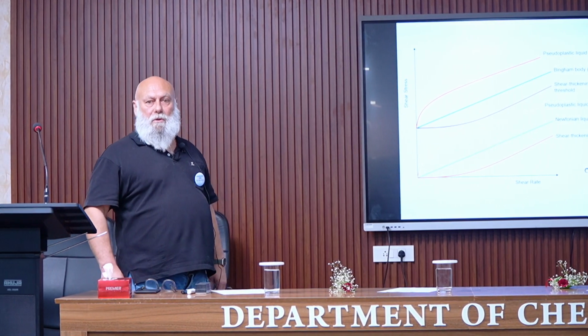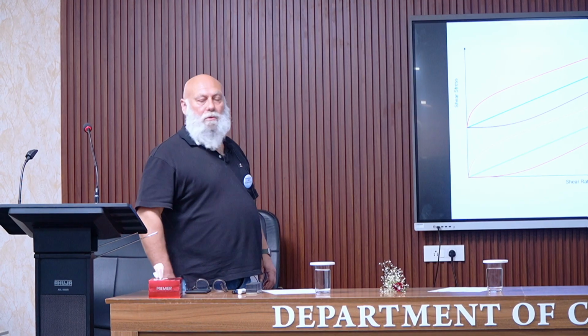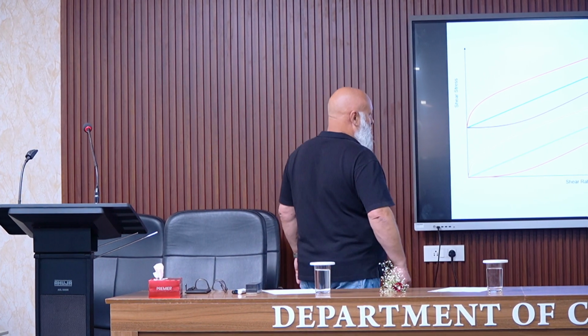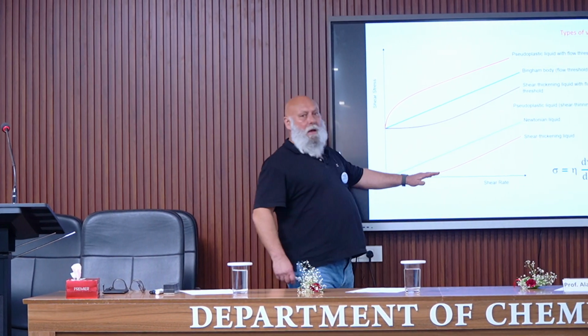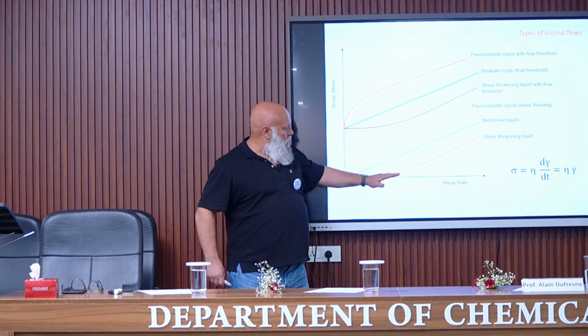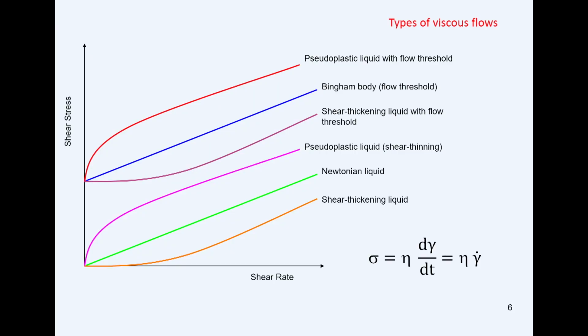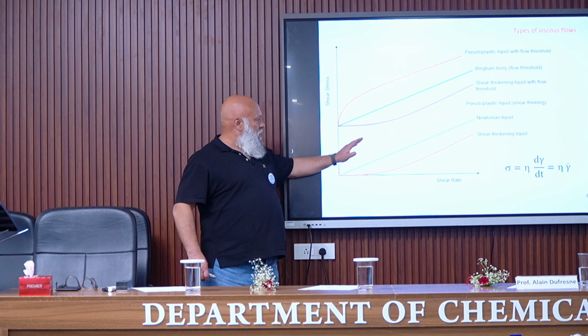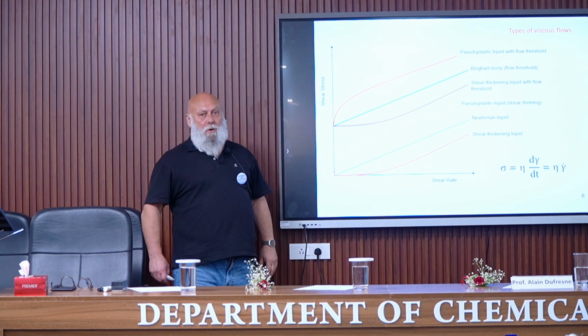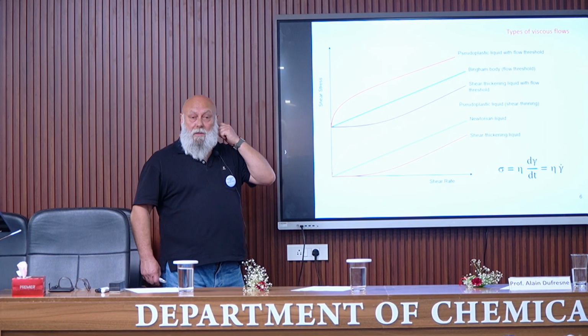Now we can have a shear thickening liquid. You can see that in this case, when increasing the shear rate, the slope of the curve increases, meaning that the viscosity increases. And at the opposite, we can have a shear thinning behavior, meaning that when increasing the shear rate, the slope decreases, then the viscosity of the polymer decreases.